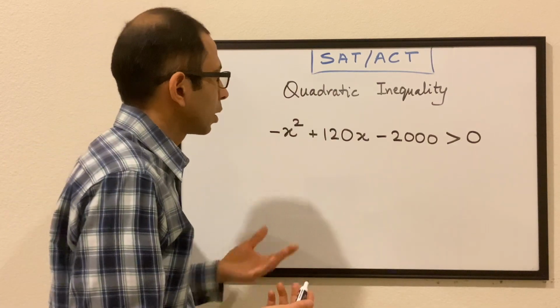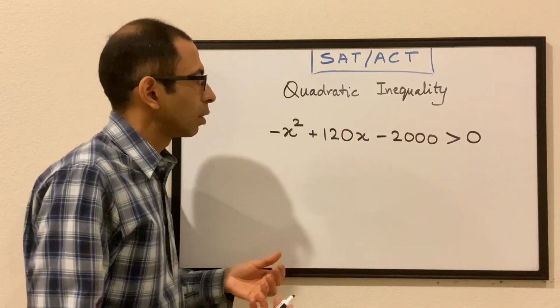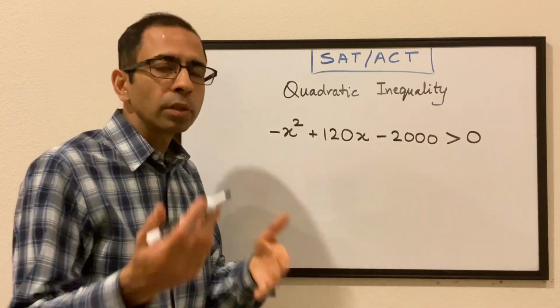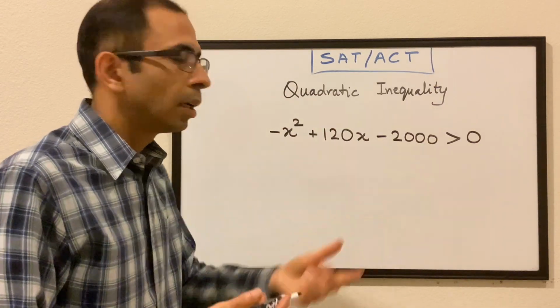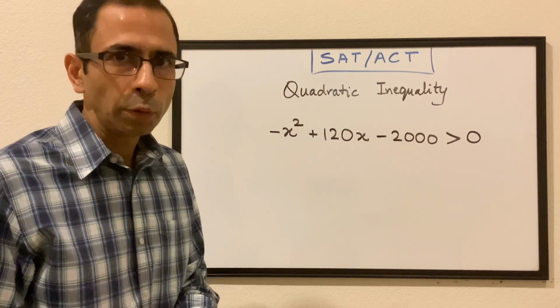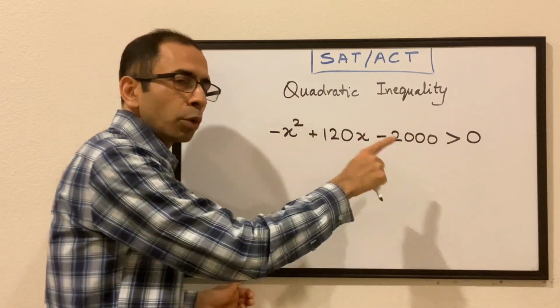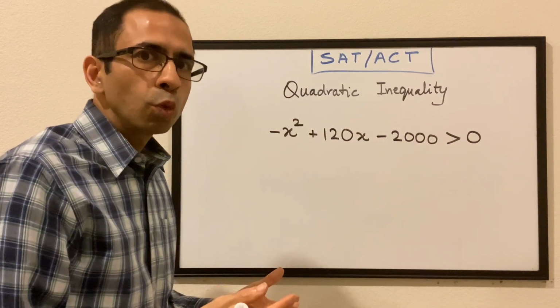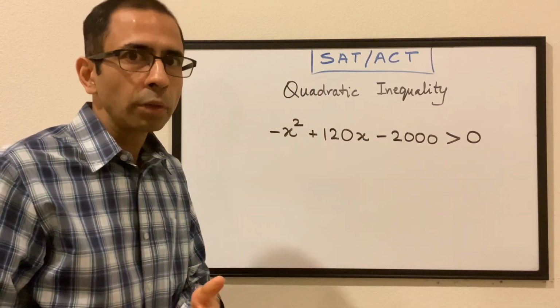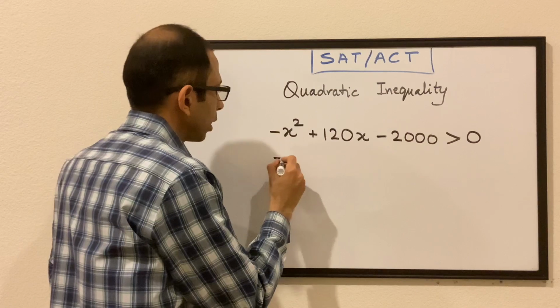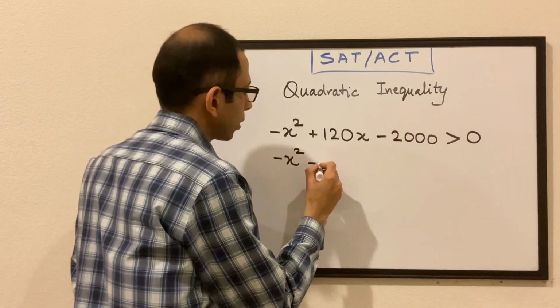In this case, we can clearly see that the two factors will be 100 and 20, because 100 plus 20 will be 120 and 100 times 20 would be 2000. Take care of the fact that these two are negative, so the product of those two factors has to be plus 2000. So essentially we get something like this.